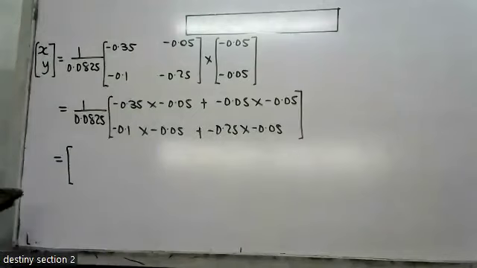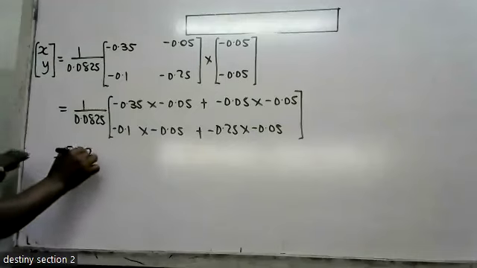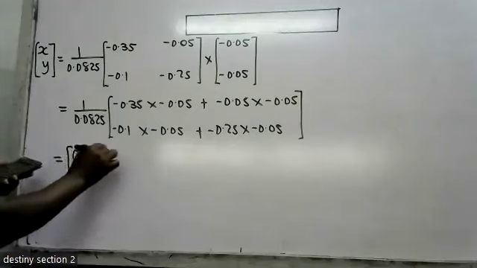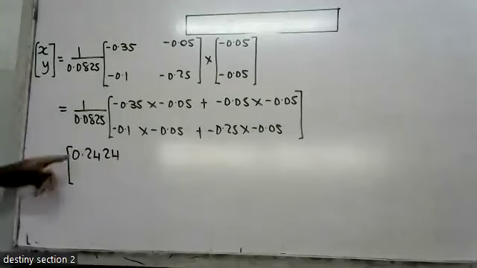When you take your calc, you say minus 0.35 times minus 0.05 plus minus 0.05 times minus 0.05. You divide by 0.0825, 0.2424. So we may multiply mpaka straight.